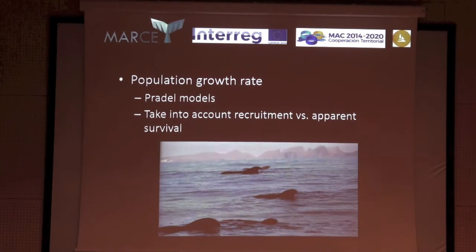So you can either have no growth rate, where you have the same number of recruitment as the apparent survival, or you can have a positive growth rate where you have more recruitment than survival.